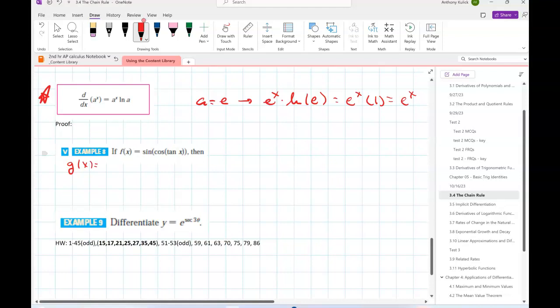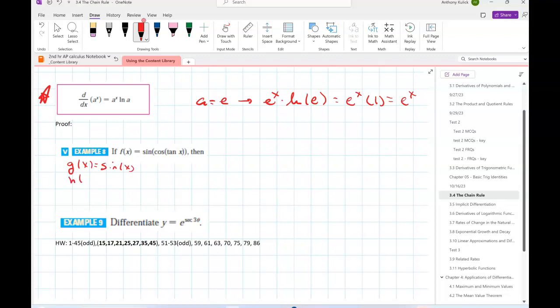So let's look at this. Let's look at example 8. What do we see? Double chain rule. It's 2 linked chain rules though, right? What is the outer function? Sine x.